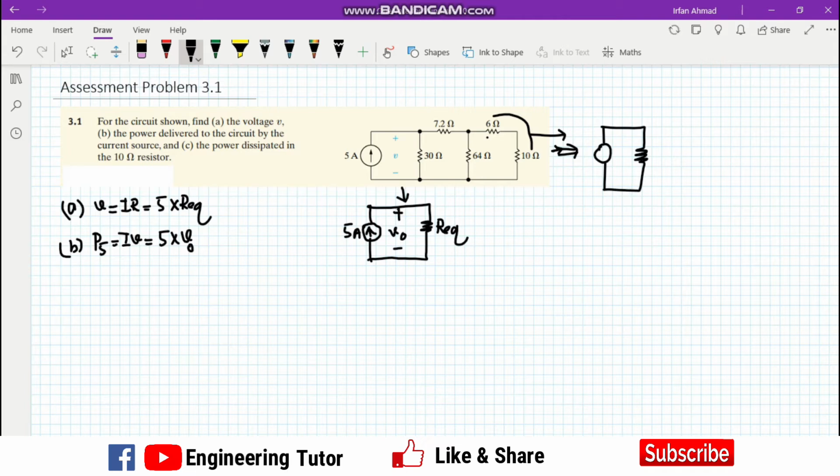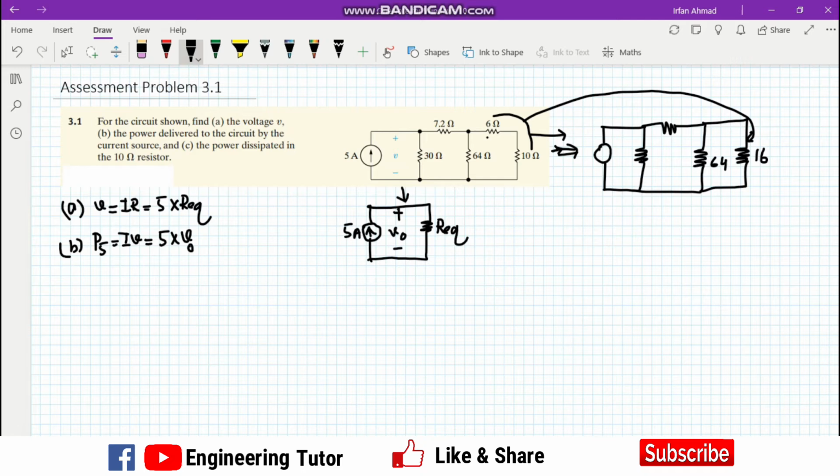Let me draw it. So it will be like this. This is 16, this is 64, this is 7.2, and this is 30.